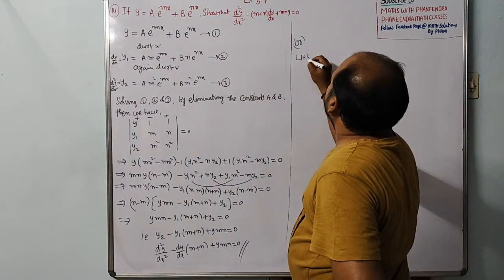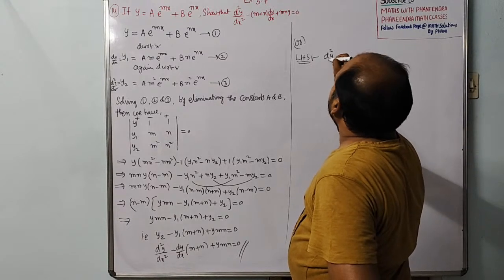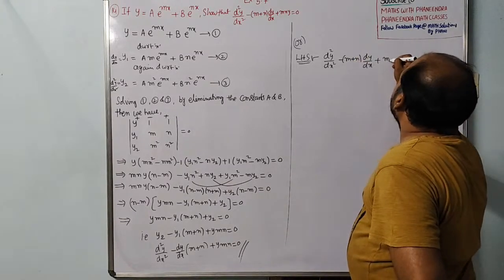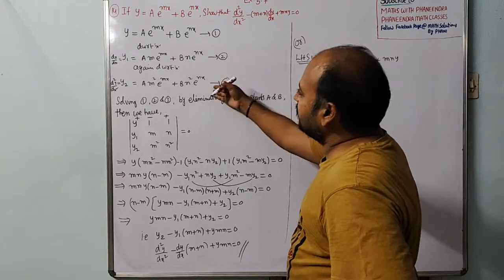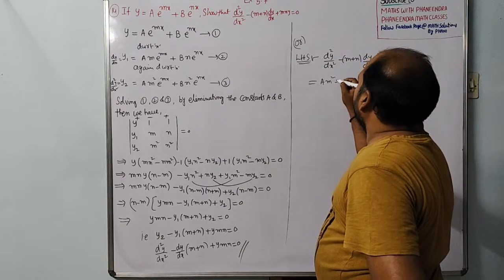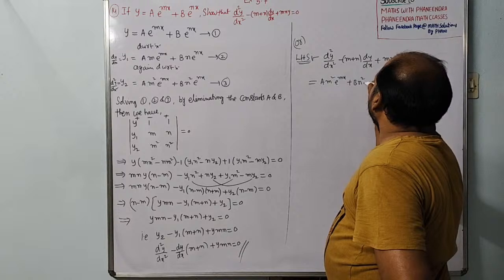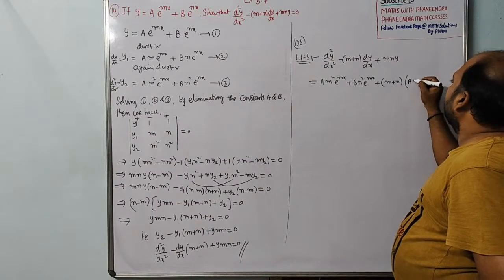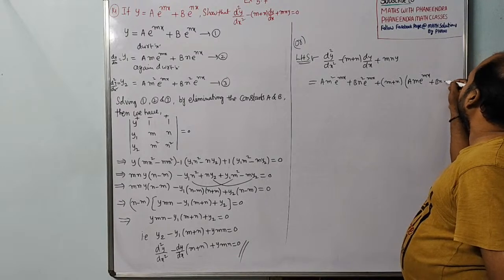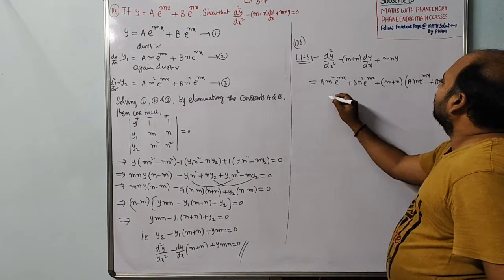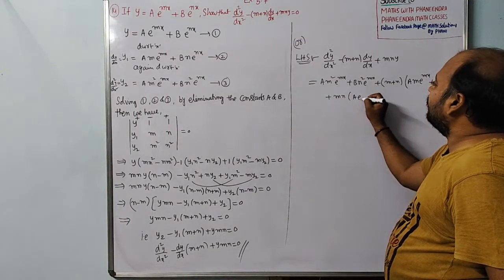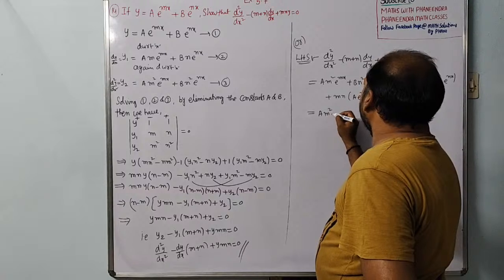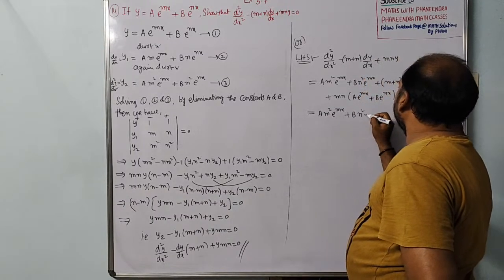After getting these three steps, LHS: d square y by dx square minus m plus n into dy by dx plus mn into y is equal to that value. d square y by dx square value you know, a m square e power mx plus b n square e power nx, minus m plus n into dy by dx, a m e power mx plus b n e power nx, plus mn into y, a e power mx plus b e power nx.